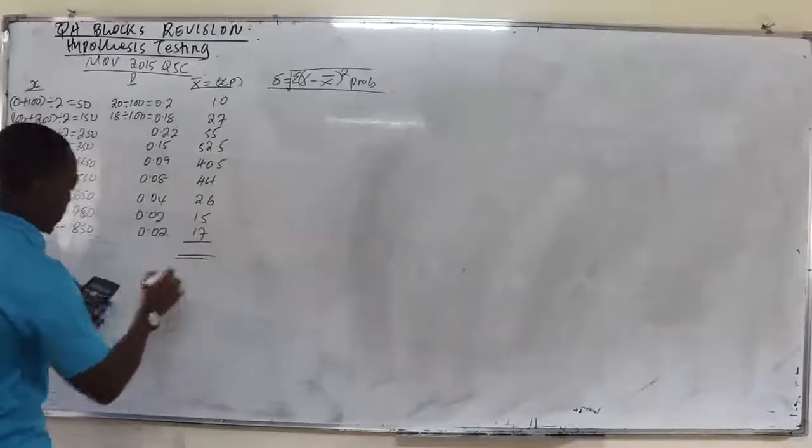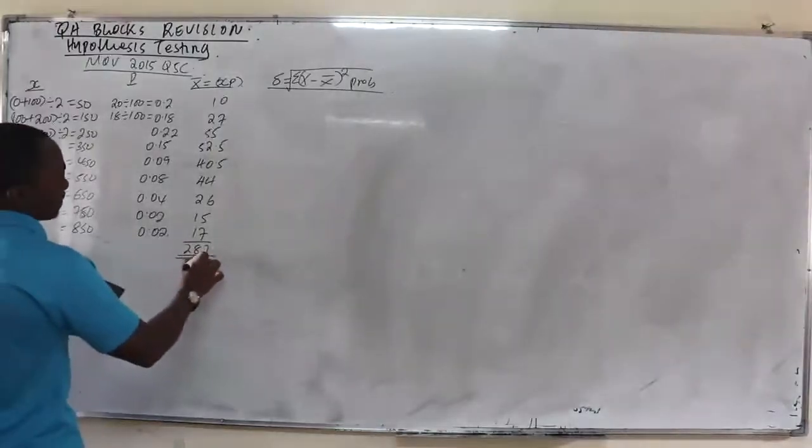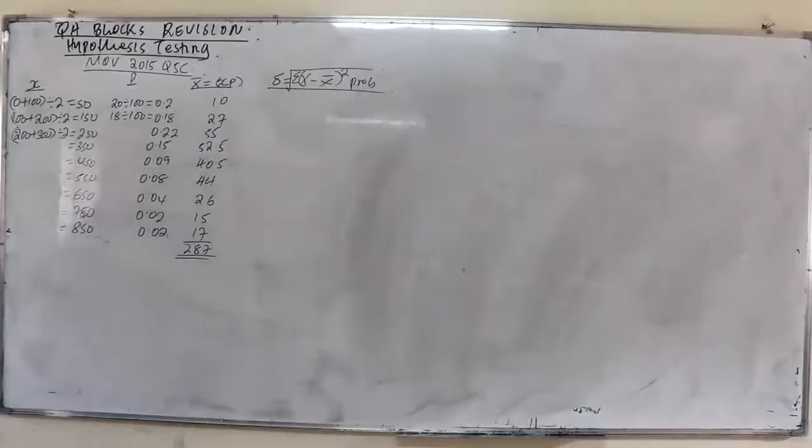And then you add the total. You're getting 287. So that's how you get the mean whenever you have the probabilities.